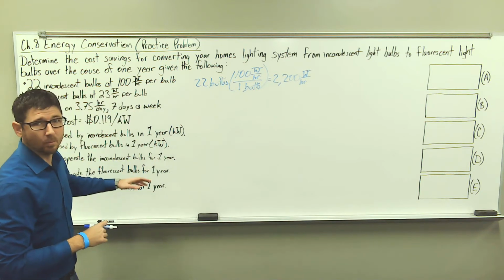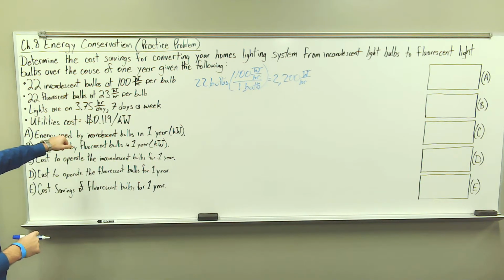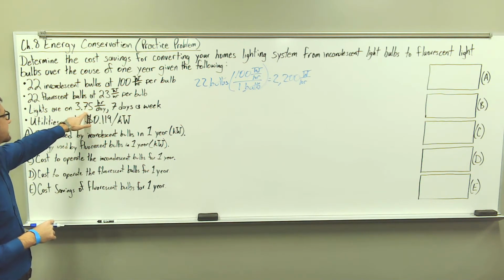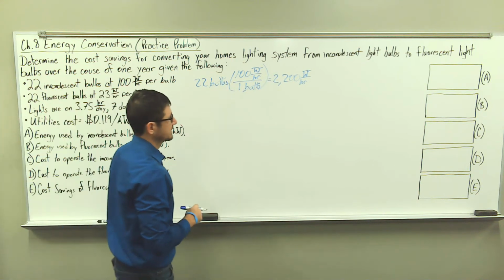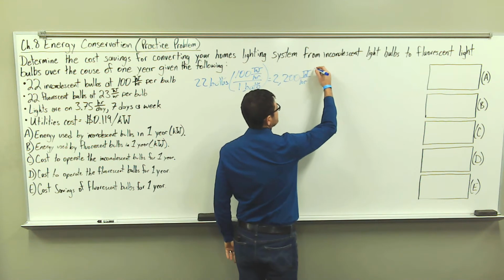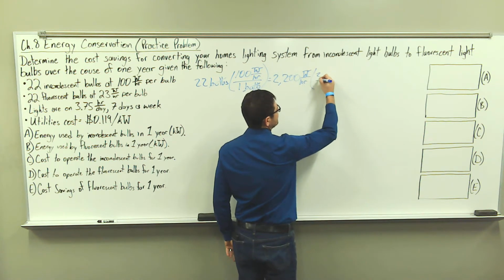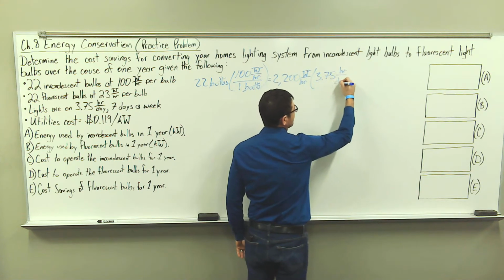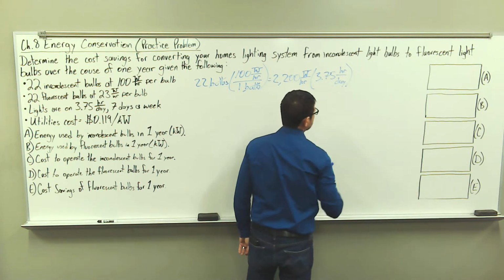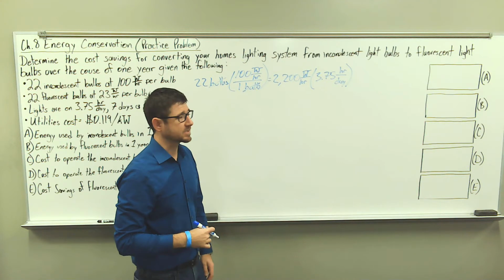Okay, now one of the bullet points tells us that the lights are on 3.75 hours per day, 7 days a week. So we're going to multiply by 3.75 hours per day, and they are on 7 days a week.